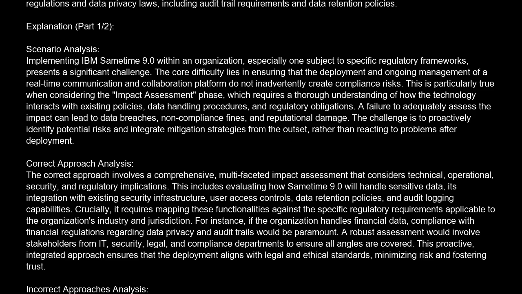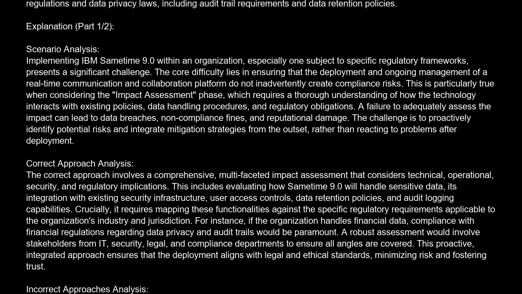The correct approach involves a comprehensive, multifaceted impact assessment that considers technical, operational, security, and regulatory implications. This includes evaluating how Sametime 9.0 will handle sensitive data, its integration with existing security infrastructure, user access controls, data retention policies, and audit logging capabilities. Crucially, it requires mapping these functionalities against the specific regulatory requirements applicable to the organization's industry and jurisdiction.